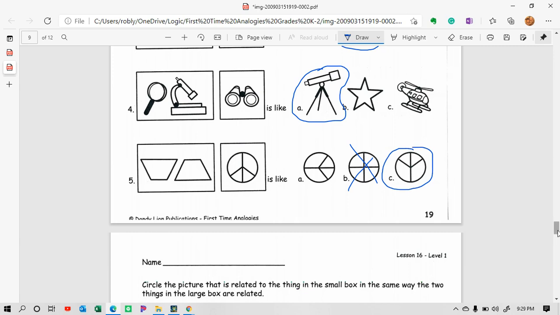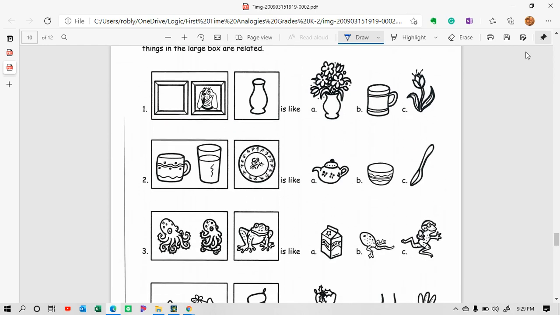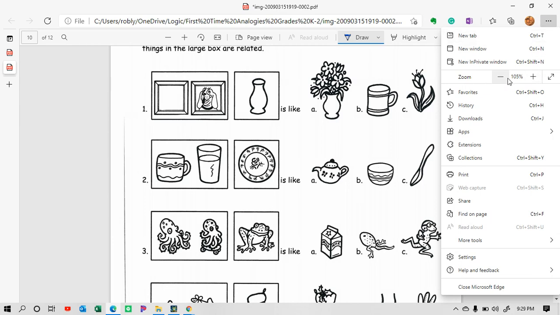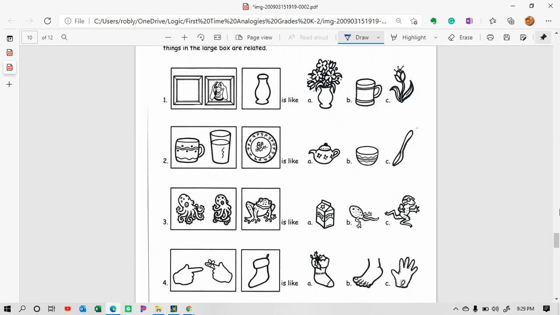You think you're ready to do these? Okay. I am going to pause it right here. I'm going to shrink this a little so you can see it all on one screen too. Okay, so we have four choices here. And you're going to look at the first set of pictures. And then you're going to try to match up the second set of pictures the same way.